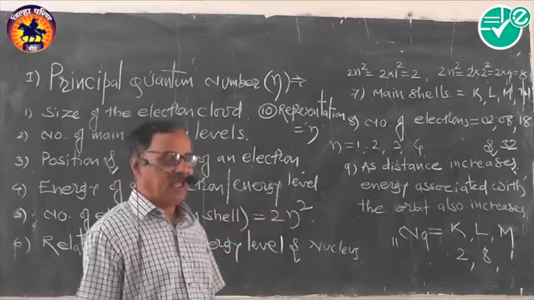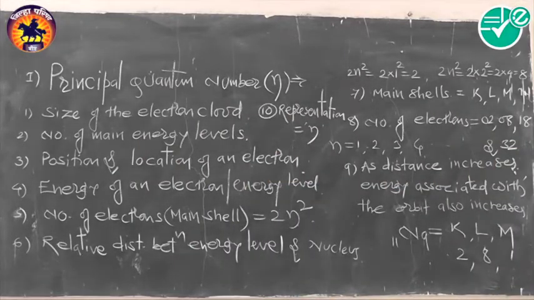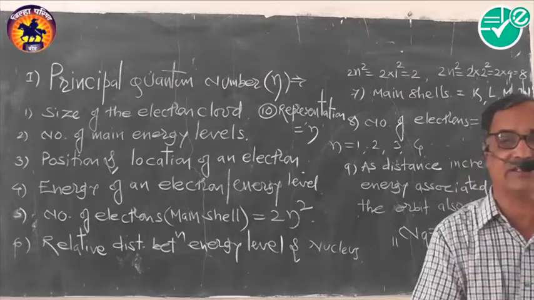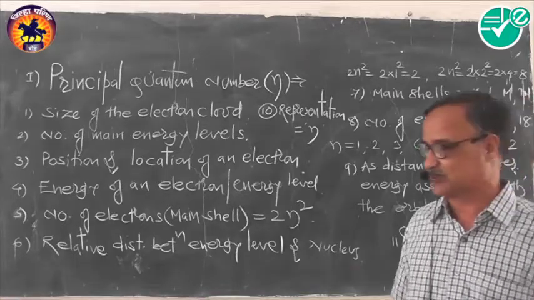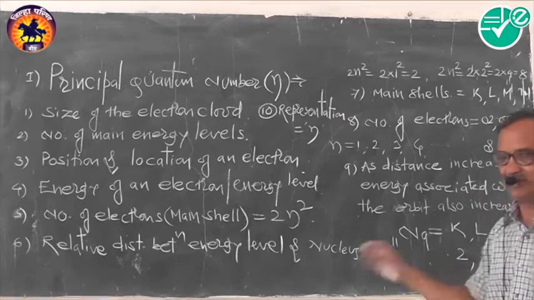And finally, as the distance between the nucleus and the outermost electron increases, the energy associated with the main energy level also increases. So this is all about the principal quantum number.